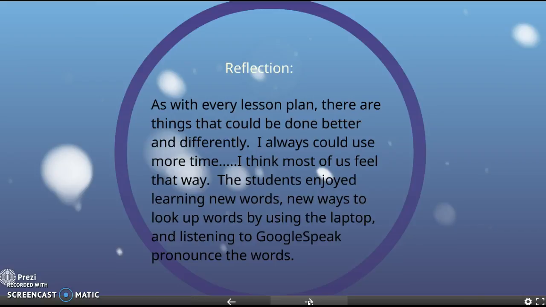We were lucky enough that we had 3 laptops for all of them, and they each could borrow headphones so as to not disturb the person beside them. I think as some of them finished up early, they may have been typing in unusual words just to hear Google Speak pronounce it. But that's quite all right. It's a lesson for them.